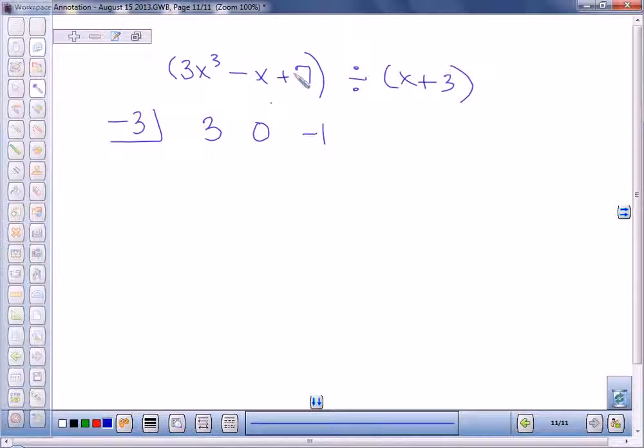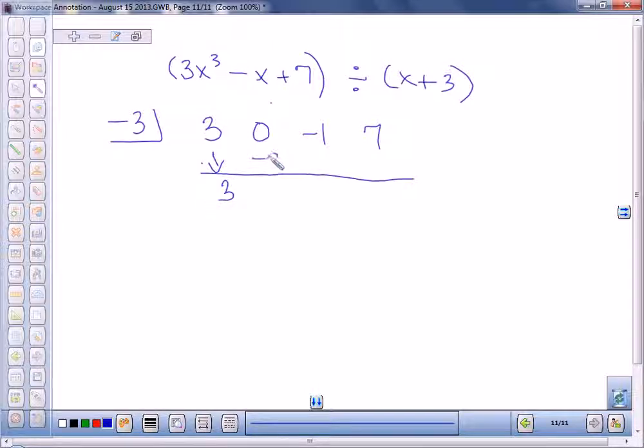Every time I bring the first one down. And then I take what's on the table, multiply it times that, which is negative 9, and then I add. What is 0 plus negative 9? Negative 9. Then I multiply.